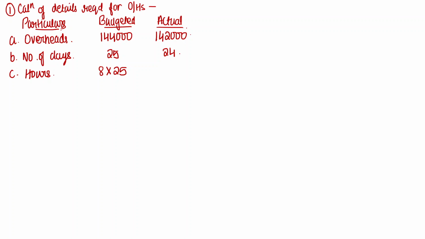120 machines. 24,000 hours. And actual hours? How did you get that? Into 24 days. That is equal to 20,160 hours. Is the output given to you?